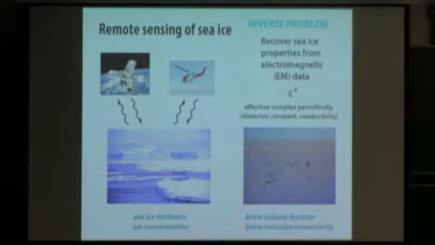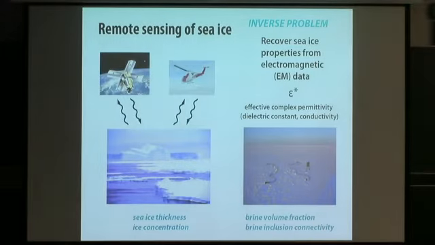Ostensibly, what I'm going to talk about is motivated by the remote sensing problem. However, what this is really about is sophisticated methods of homogenization for some of the transport properties that you are interested in, that we're interested in. The basic remote sensing problem for sea ice is effectively an inverse problem, where given bulk electromagnetic data, such as the complex permittivity of the sea ice, we would like to recover the properties of the ice.